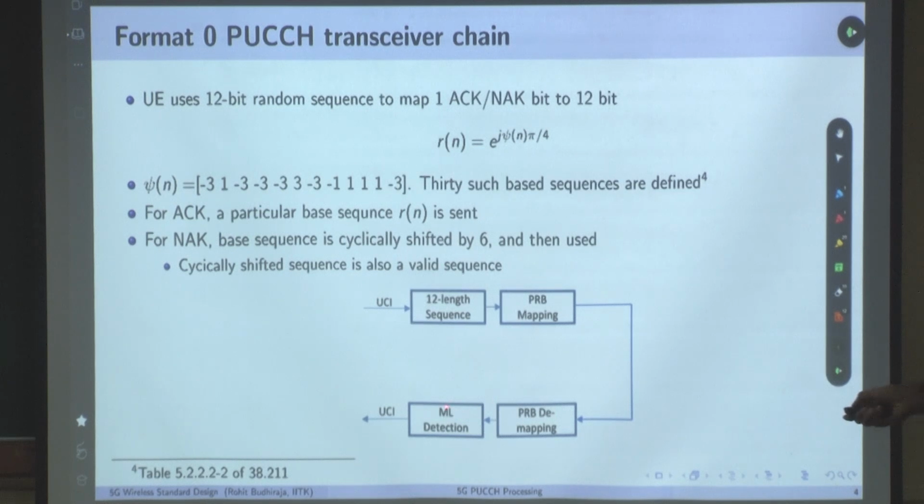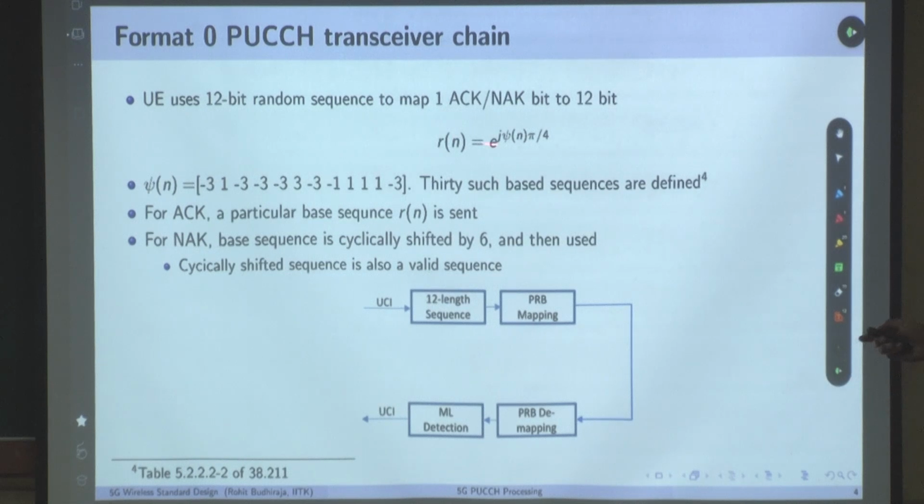So you receive this, and you calculate the distance, and to whichever sequence it is closest, you declare that sequence as being transmitted. If it is an ACK, you transmit this; otherwise you compare it with a cyclically shifted sequence. Only two possibilities for this case, either this sequence or the cyclically shifted sequence.